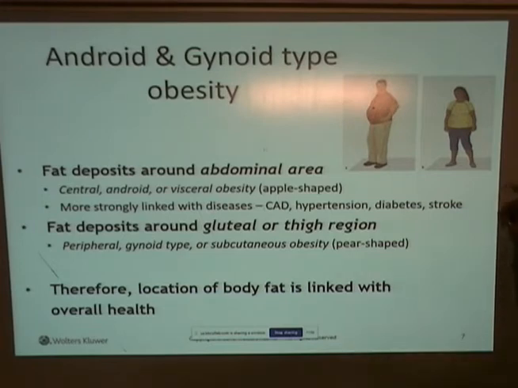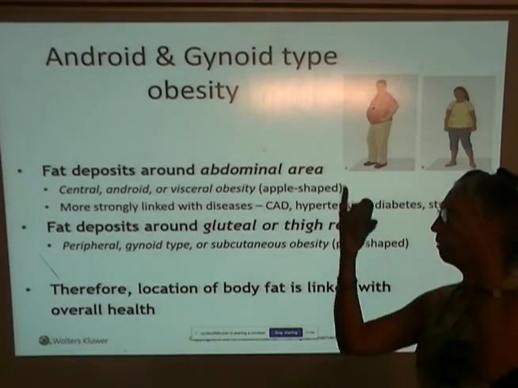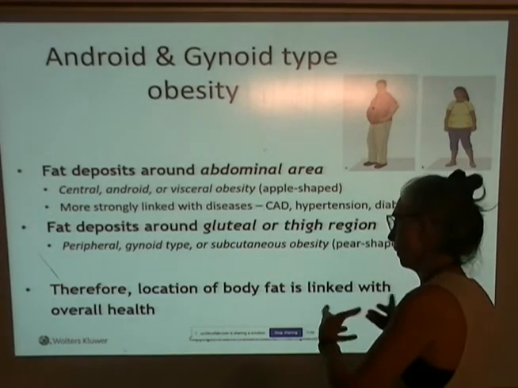But the majority of females are going to develop pear shape if they put on fat mass, and more men are going to develop this visceral apple shape, all right? Which is why we see a higher rate of coronary artery diseases and heart attacks and things like that in the male population than the female population.